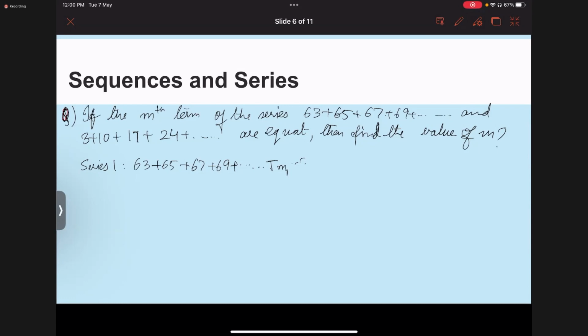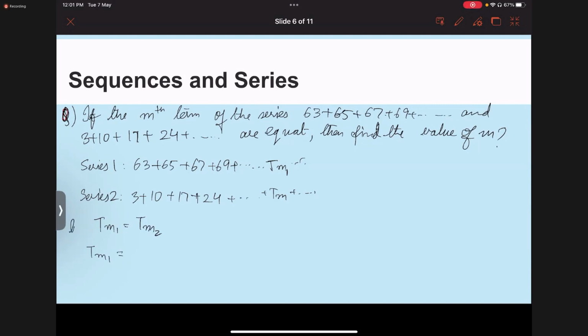Let's write it as Tm1. Now you will have series 2. Over here you have 3 plus 10 plus 17 plus 24, all the way up to some term Tm, and then continue on. We have been given that Tm1 is equal to Tm2. Let's find Tm1.